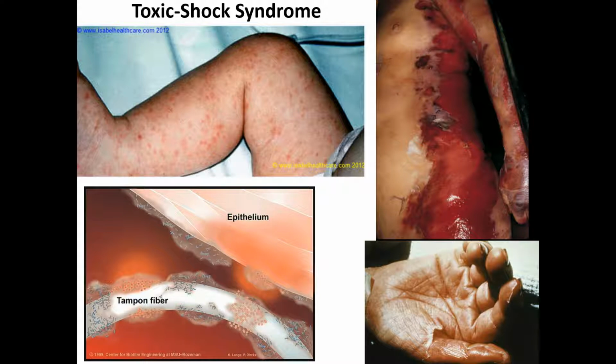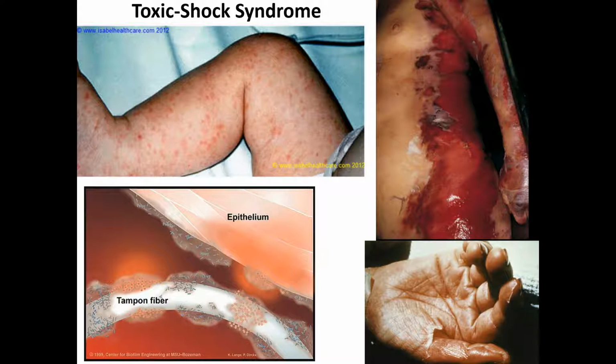Alright, so this is a picture of toxic shock syndrome. This is very similar to what can be seen in patients that exhibit septic shock. You see a lot of the same symptoms.